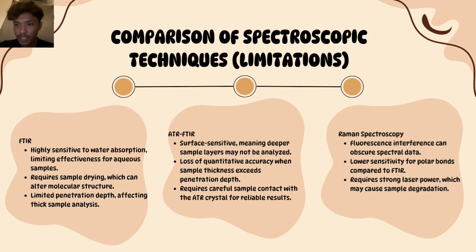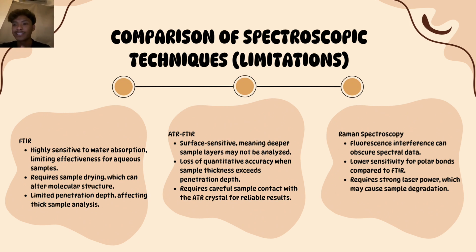And for the limitations, we are going one by one because each technique also comes with its limitations. For the first one, FTIR. FTIR is highly sensitive to water, which limits its usefulness for aqueous samples like blood. It often requires drying the sample, which can alter its structure. It also has limited penetration depth. For the second one, ATR-FTIR.